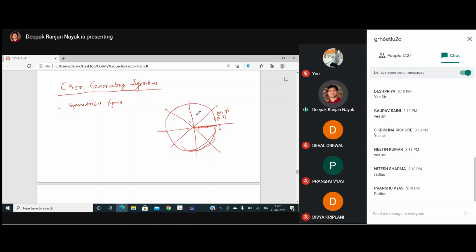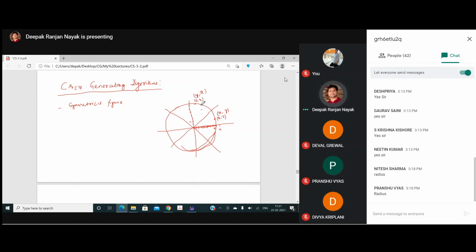8-way symmetry is used by reflecting each point around the 45 degree axis, right? This is 45 degree that you all know. So this will be 2, 8. So that means this will be yx. If you calculate x and y, then you can calculate y and x. This point you can generate from this point using symmetricity.